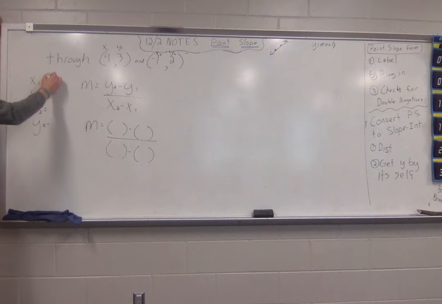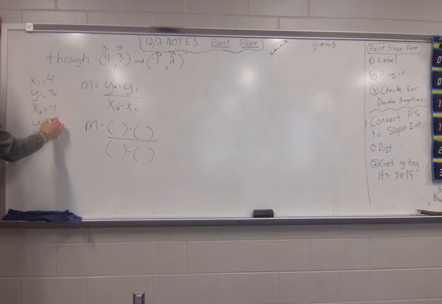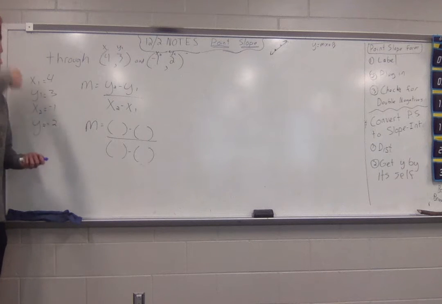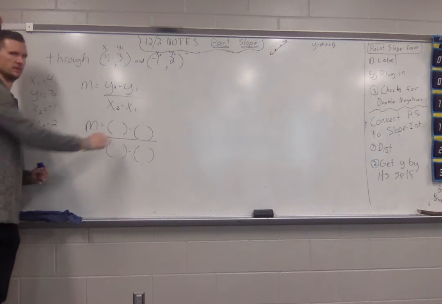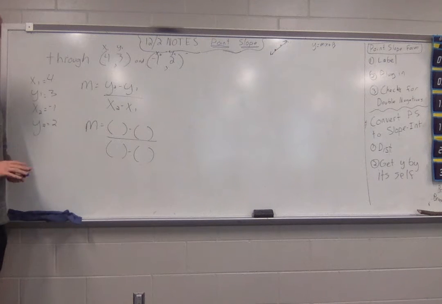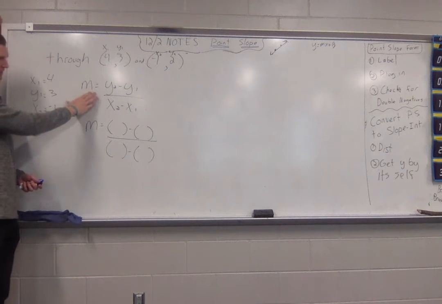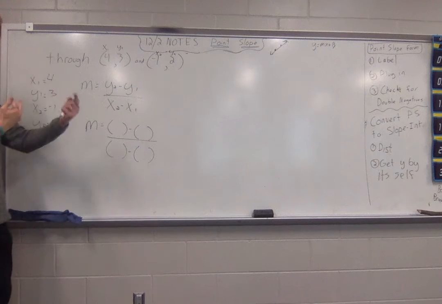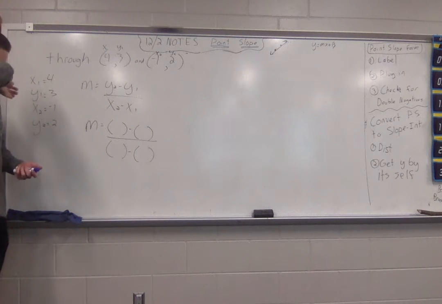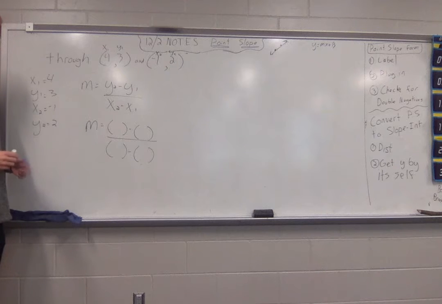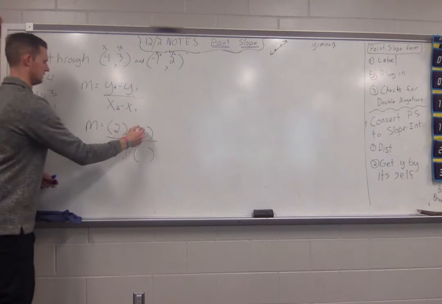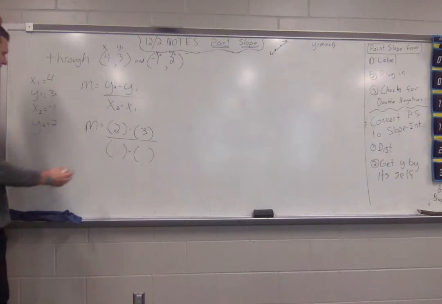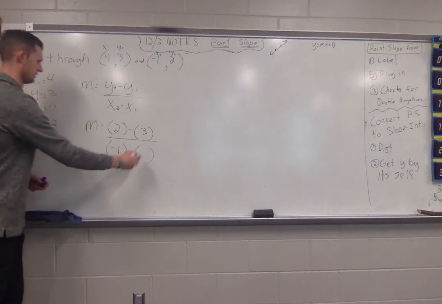Plug it in. 4, 3, -1, 2. On the last assessment, I saw a lot of people put this in exactly the right way, but plug the numbers into the wrong places. Make sure, and that's why I suggest putting the equation up here and here, so you can look and see both. y2 is 2, y1 is 3, x2 is -1, x1 is 4.